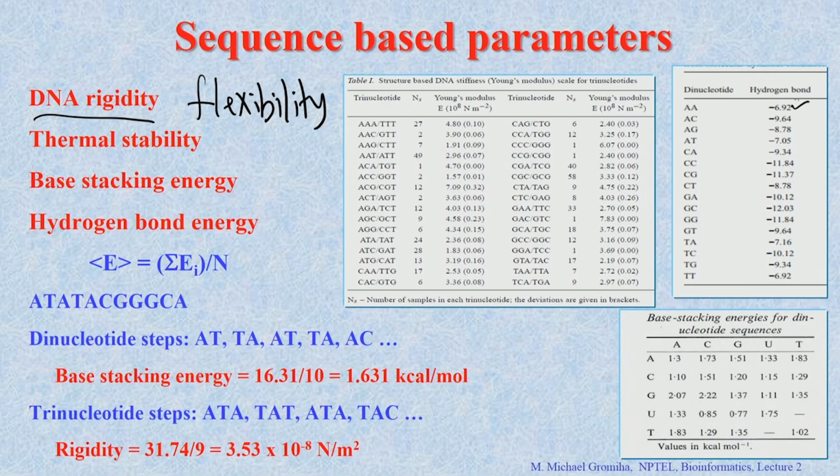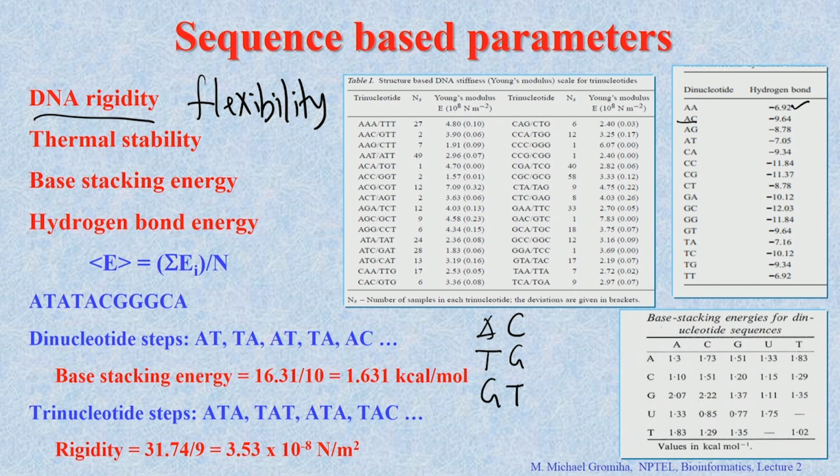For example, if you see this AA, and CA is similar to, if it is AC, what is the complementarity? TG. If you take the reverse, GT.